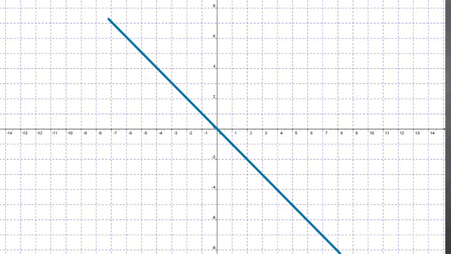We are going to write out the linear equation of this. The reason why I drew this specific line in particular is to show you how weird some linear equations might look. So first things first.